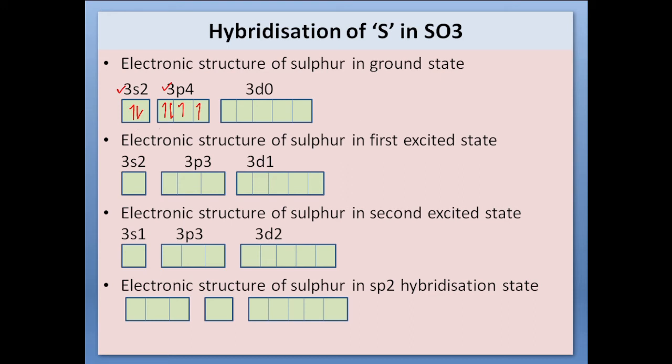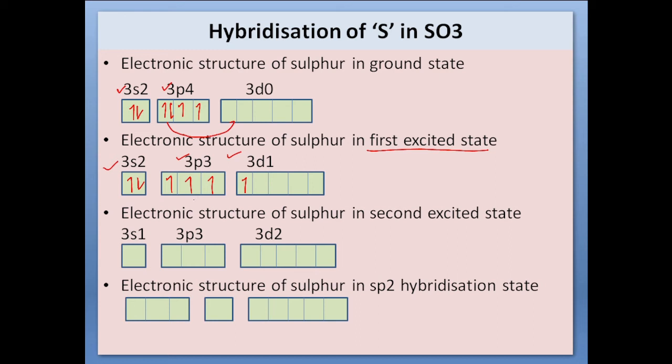So this is the electronic configuration of the first excited state of sulfur: 3s2 3p3 and 3d1.